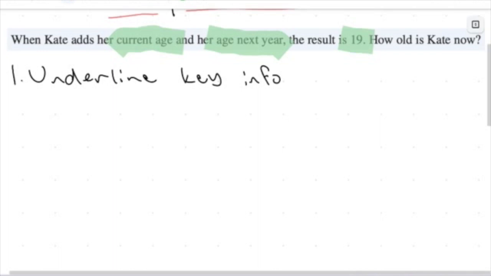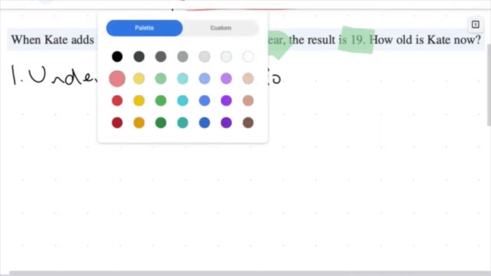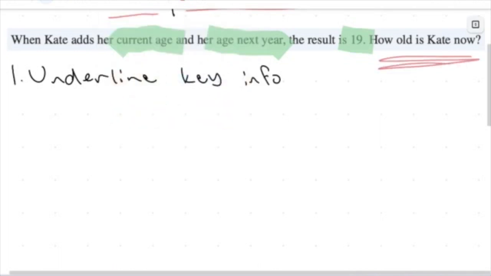Now, equations help us to find unknowns. They help us to find unknown pronumerals. So let's make the bit of information that we want to find our unknown.